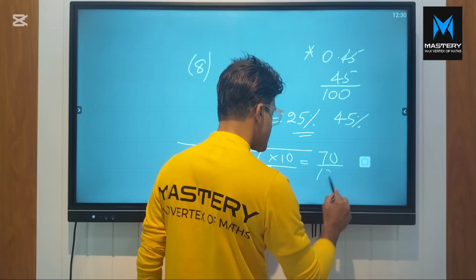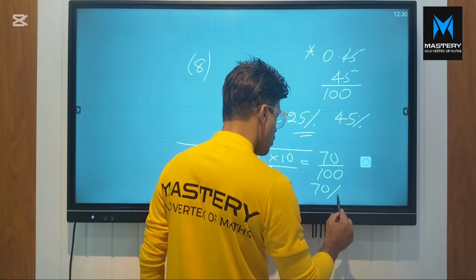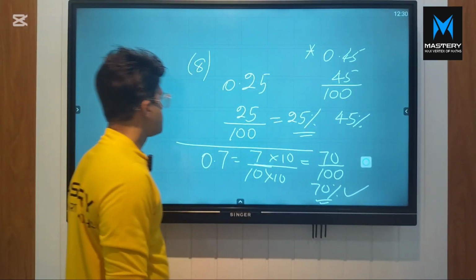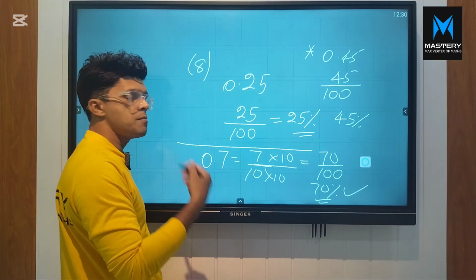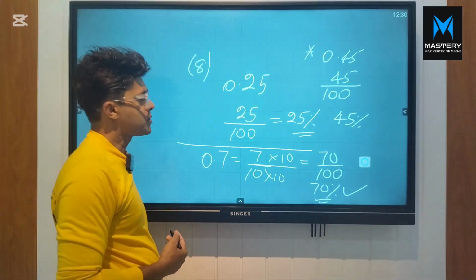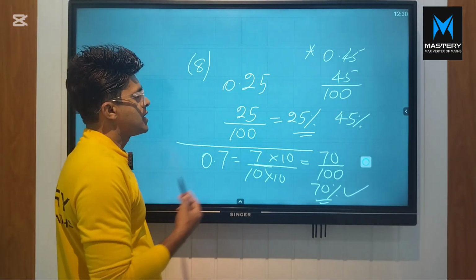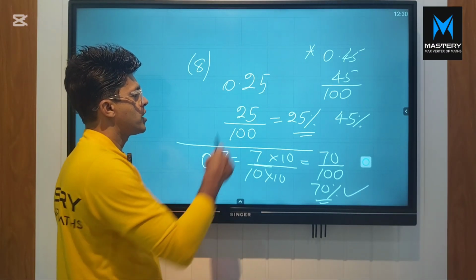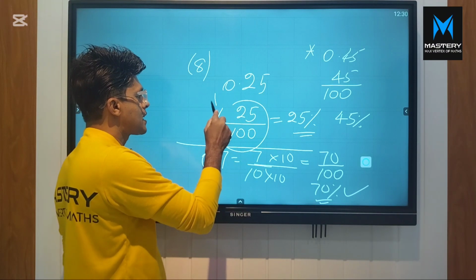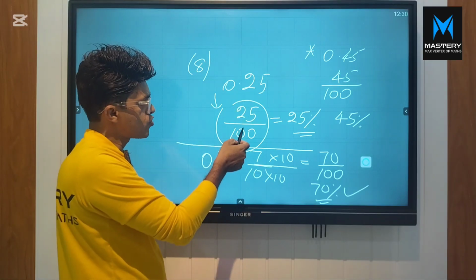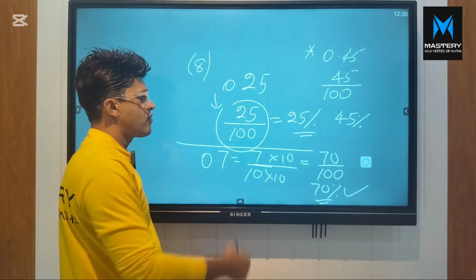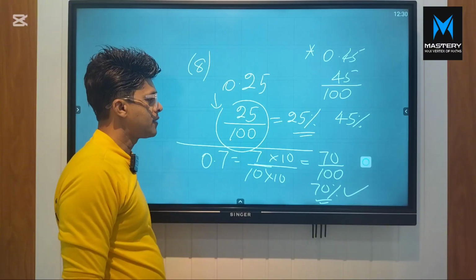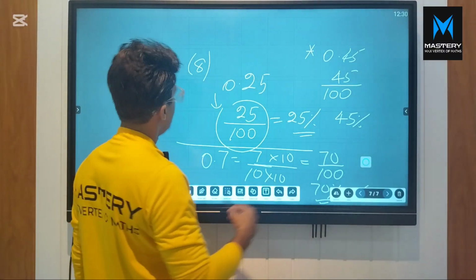Then 70 over 100. 70 over 100 means 70%. So a given decimal number can be written as a percentage. First, the decimal number is written as a fraction. After that, we could write that fraction as a percentage.